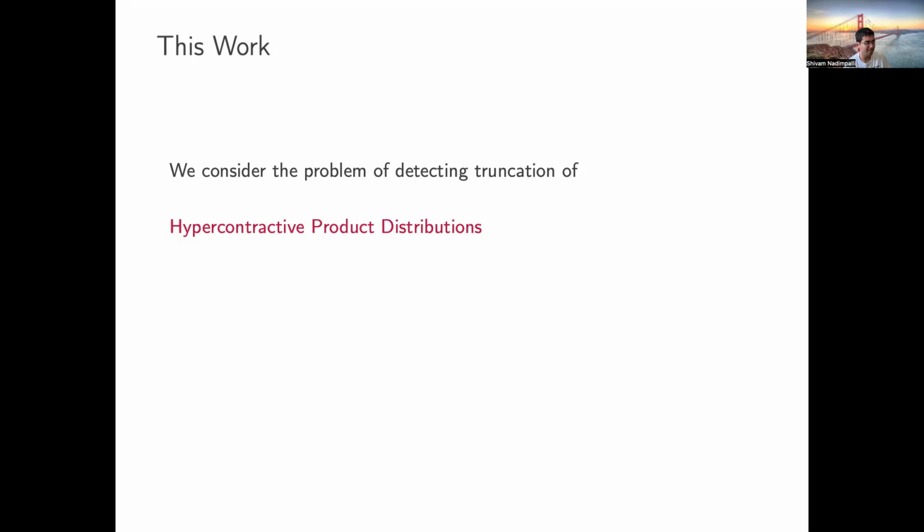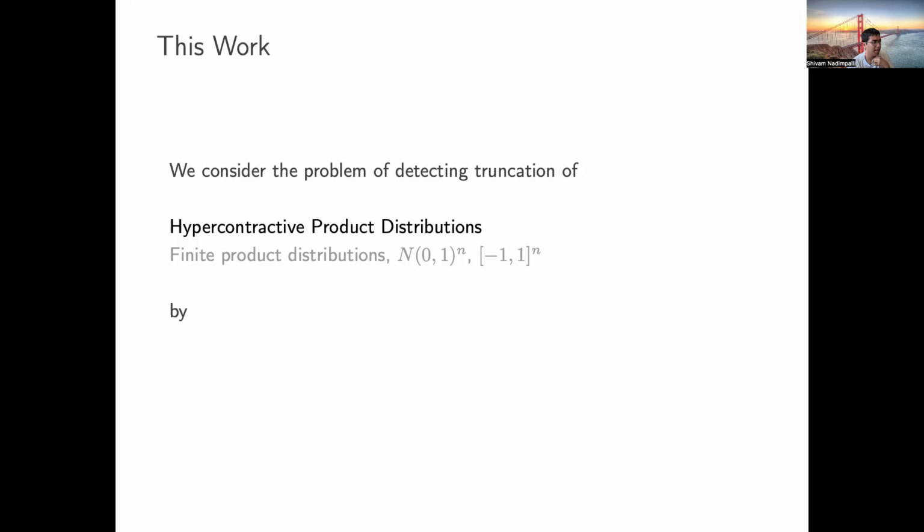As concrete examples of hypercontractive distributions, it turns out that the standard Gaussian distribution, the uniform distribution on the solid cube, as well as any finite product distribution, so in particular the uniform distribution on the Boolean hypercube or on any finite set, are all hypercontractive. So we handle a much broader class of distributions than the previous work by DNS in 23.